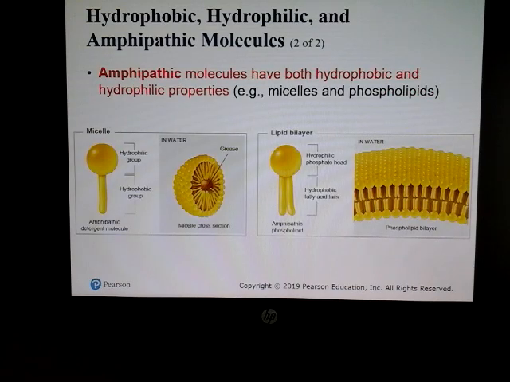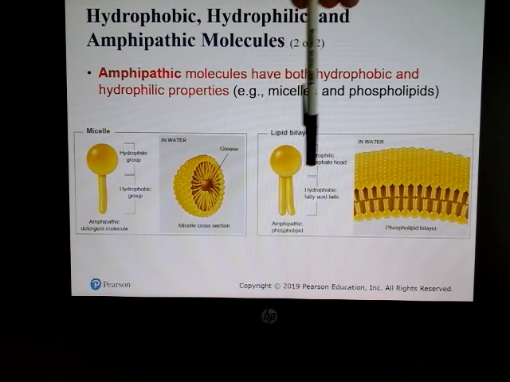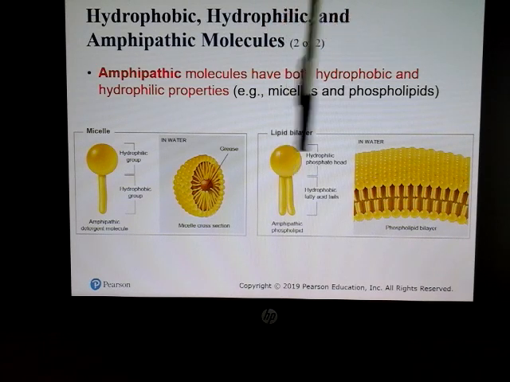Now, molecules can also be what we call amphipathic. So these have both hydrophobic and hydrophilic parts. If we take a look at our lipid bilayer, the top part here would be our hydrophilic part, and down here the fatty acids, these guys here, those are hydrophobic.